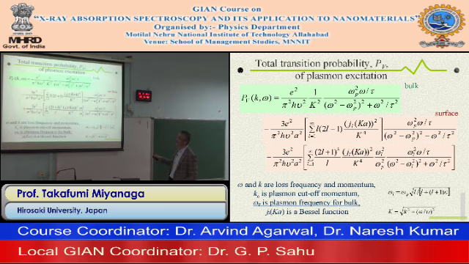Omega p is the plasmon frequency for the bulk. The second and third terms are from the surface plasmon excitation, using plane wave expansions with Bessel functions.